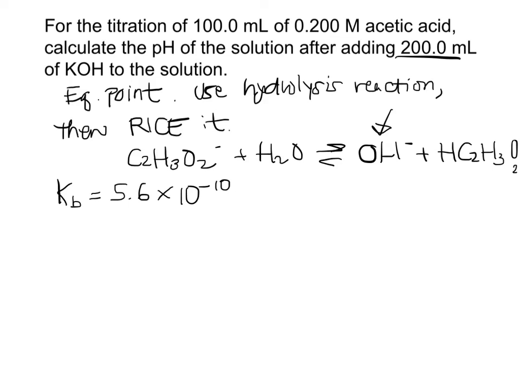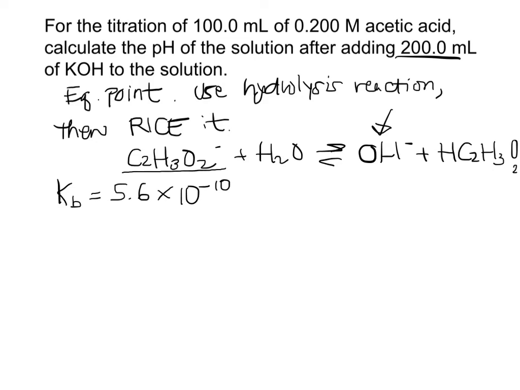Let's see, what else do we need to do? We still have to look at total volume now because we are going to use the molarity of my C2H3O2 negative, my acetate ion. So what do we have? We have 20 millimoles.